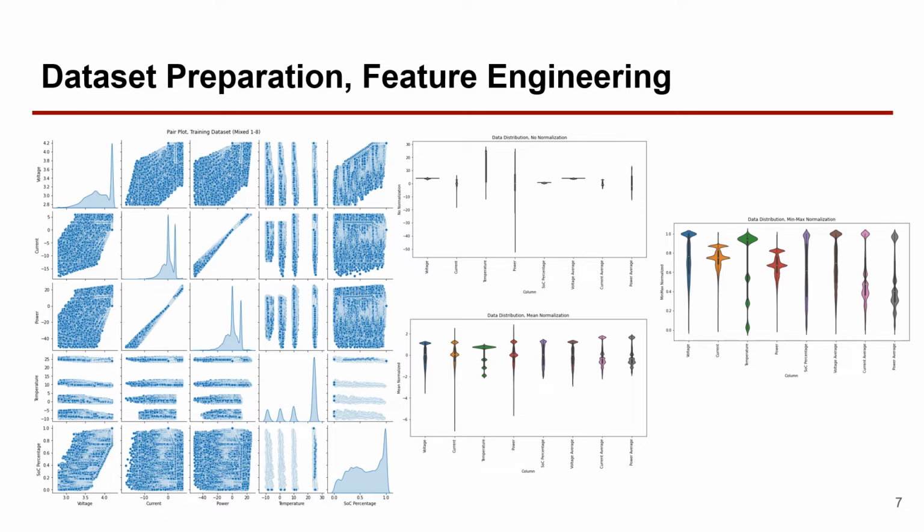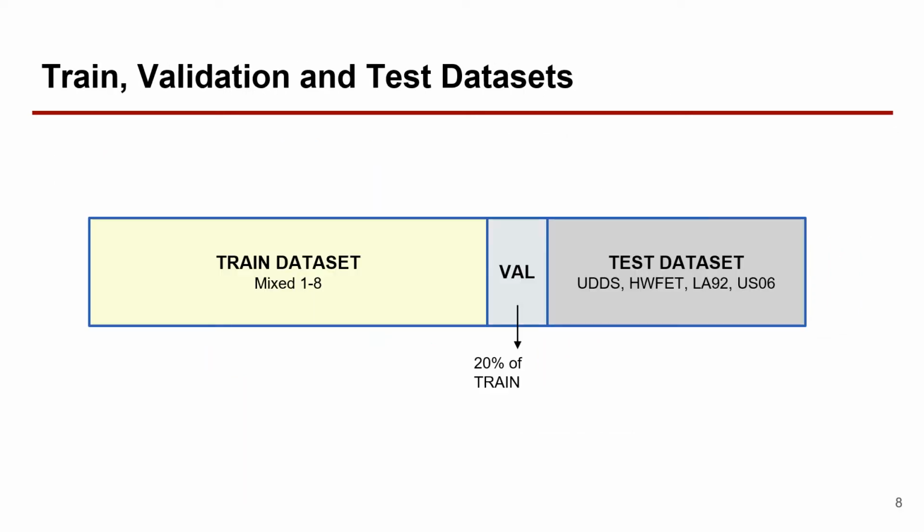As you can see from the figure here, the data distribution with no normalization is actually, there's no distribution, it's just lines and it's spread all over the scale. When you apply mean normalization, the features stand out a little more, and it's even better when you apply min-max normalization.